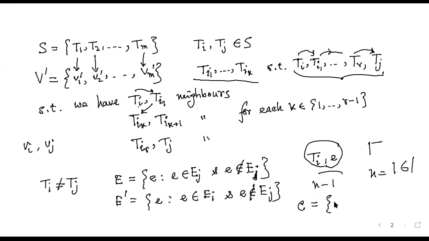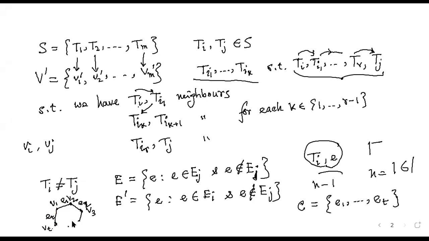The cycle contains, say, edges E1 up to ET, such that we have V1 connected to V2 by E1, V2 connected to V3 by E2, and so on, where Vt is connected to V1 by Et.